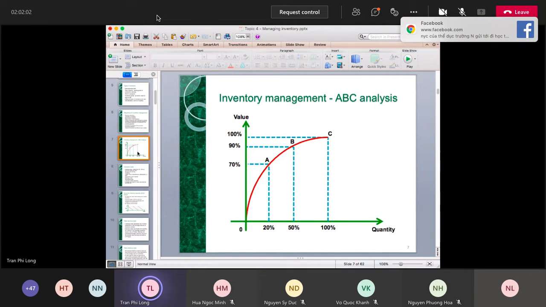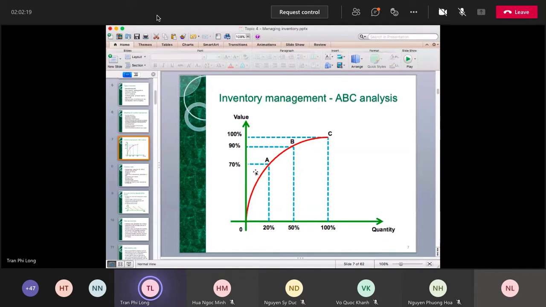Okay, this one. As I told you before, we have one method to manage inventory, which we call the ABC analysis. In the ABC analysis, you classify your inventory into categories.